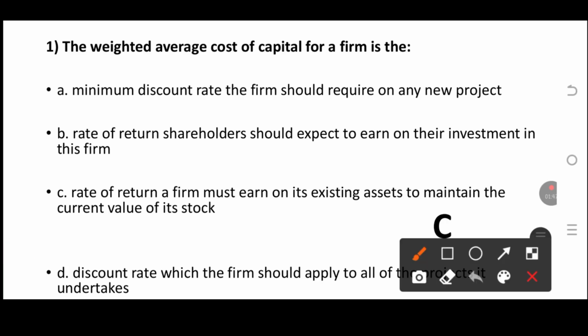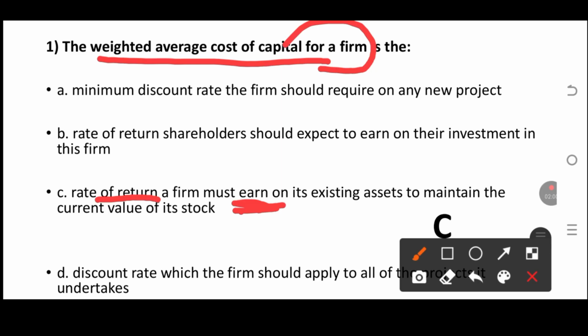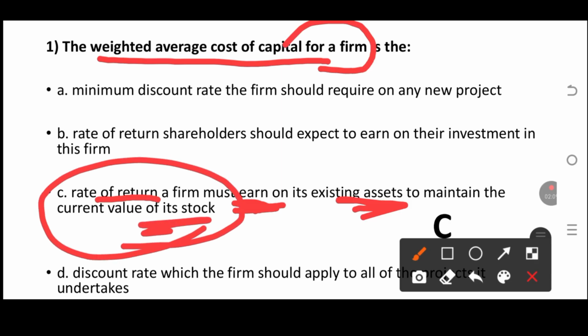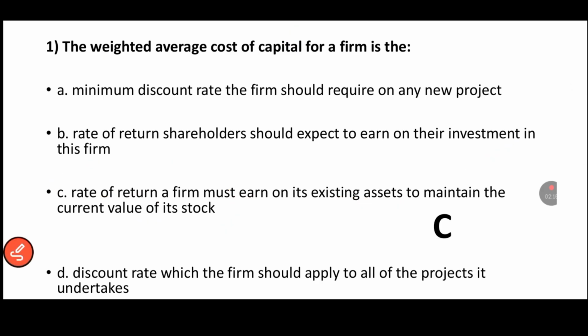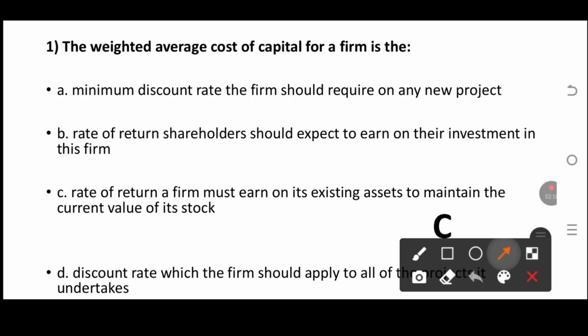But basically, the weighted average cost of capital for one firm is the rate of return a firm must earn on its existing assets to maintain its current value of stock. So the correct answer is C.